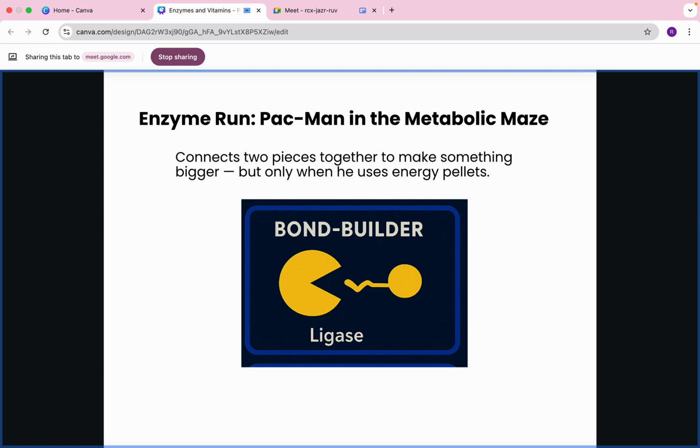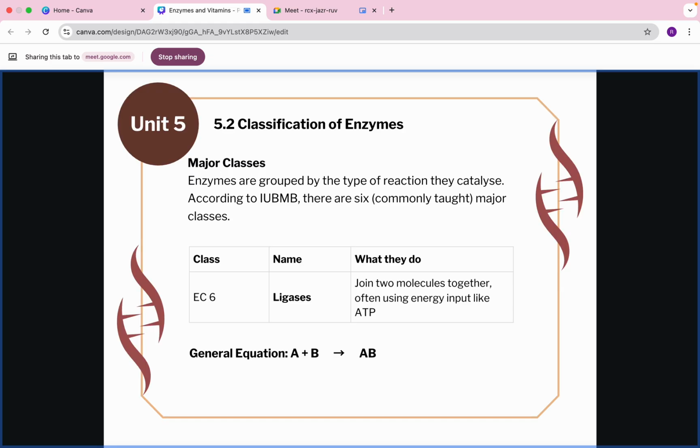So let's take a look at its basic definition. It basically means that in putting those pieces together, you need an input of your ATP. So you might be wondering how this can occur in a biochemical reaction. We need energy in order for this reaction to occur.